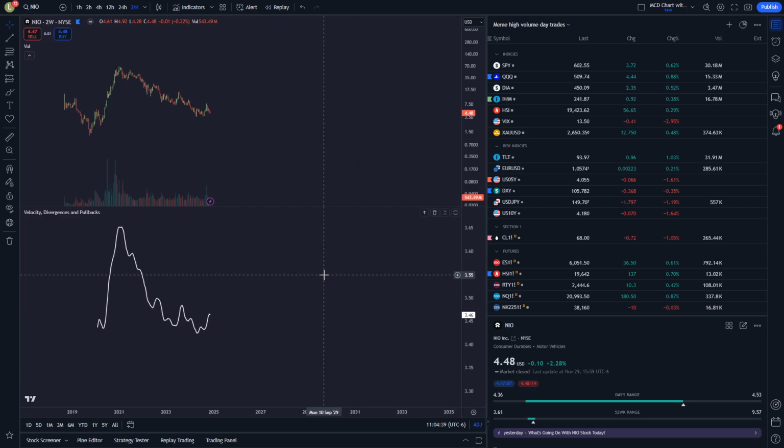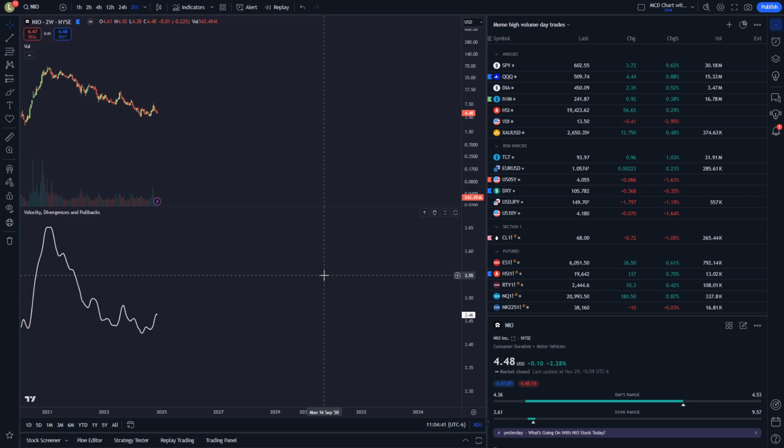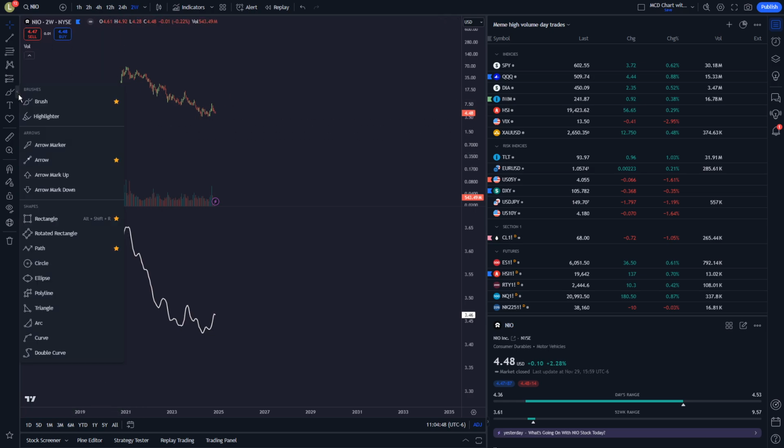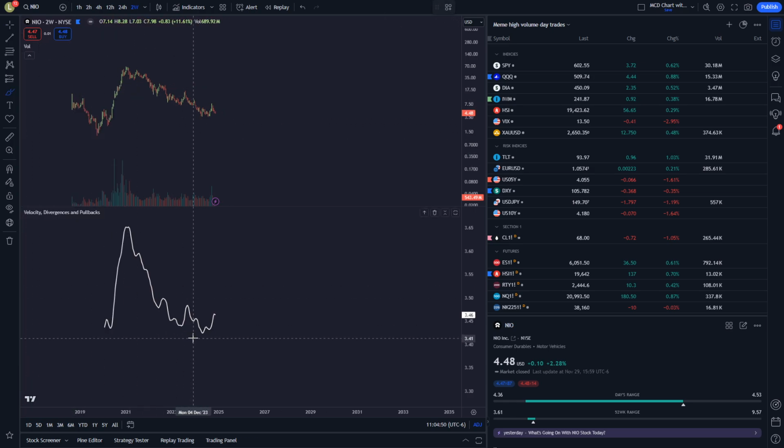Let me tell you, for the first time in the history of NIO since 2018, our trading indicator is giving not only a higher low, but also followed by a higher high, and it's now pulling back on that 2-week to give us a higher low. This is unprecedented. This is what makes NIO super exciting. The next up move could be the move.